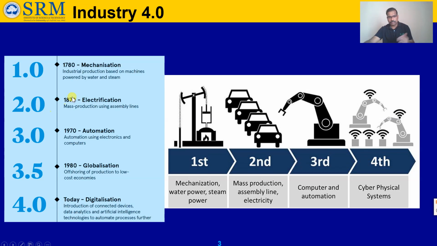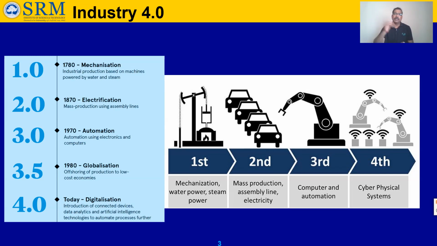Then almost one decade later, in 1870, electricity came in, where they used electricity to make automation, for example mass production, or to run the assembly line. Water and steam power were also used in hydraulic and pneumatic systems.